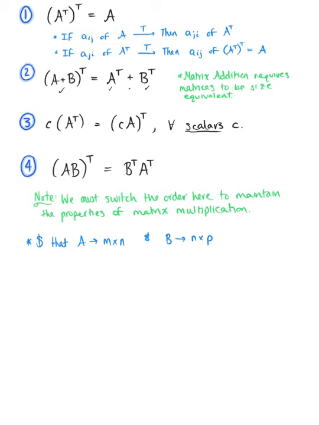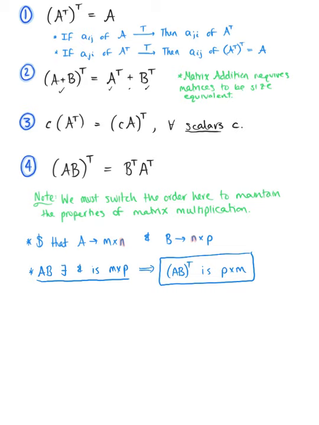So we can see that the number of columns of the first matrix matches the number of rows of the second matrix, letting us know that the product exists. So we can say that matrix A times matrix B exists and is an M by P matrix. So now that we know the size of the product, we can observe that the transpose of the product of matrix A times matrix B is a P by M matrix. So there is the left-hand side of our property number 4.